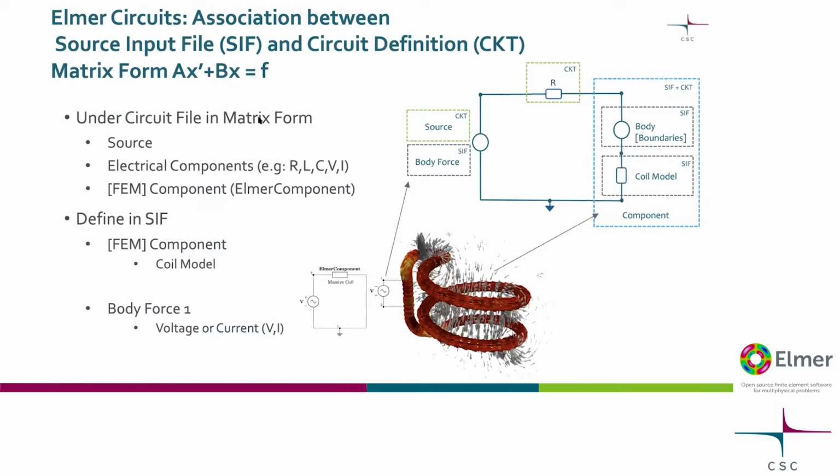In the circuit matrix, you need the source, the electrical components, and the coupling factor between both the finite element definition and the circuit. And then in the CIF, you need the coil model, and you need the body force. So that would be split into basically the image that you see here, where this little part over here would be the source, would be the lump parameters, and this part is the finite element problem, which is coupling with the component.